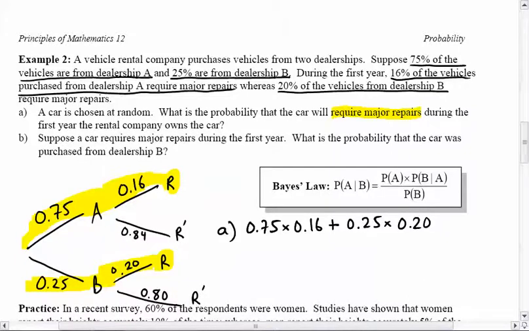Typically, especially in a tree problem with probabilities, if you're saying to yourself the word and, you're multiplying. If you're saying to yourself the word or, you're adding. So we want to know what's the chance that it comes from A and needs repairs, or the chance that it comes from B and needs repairs.